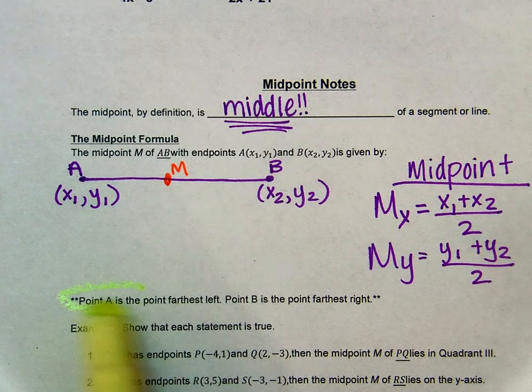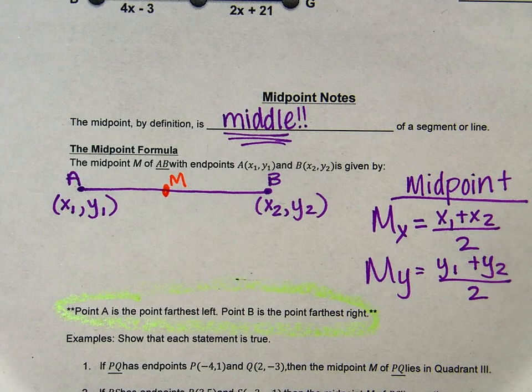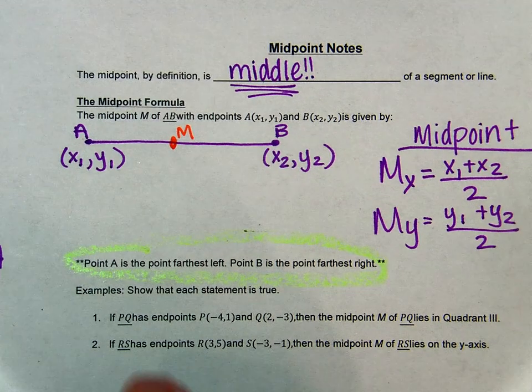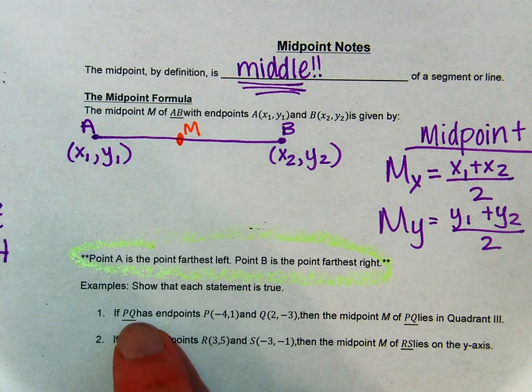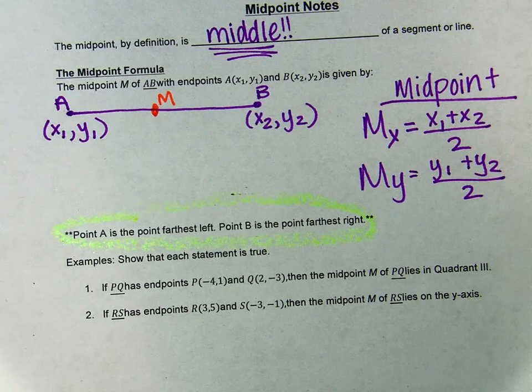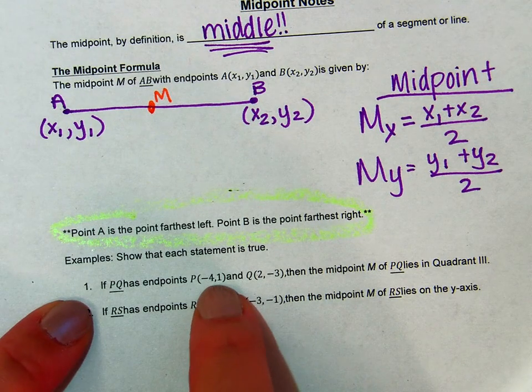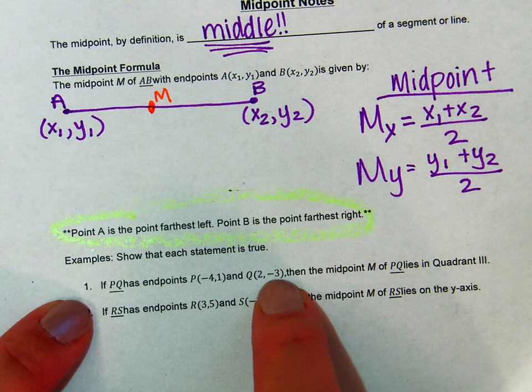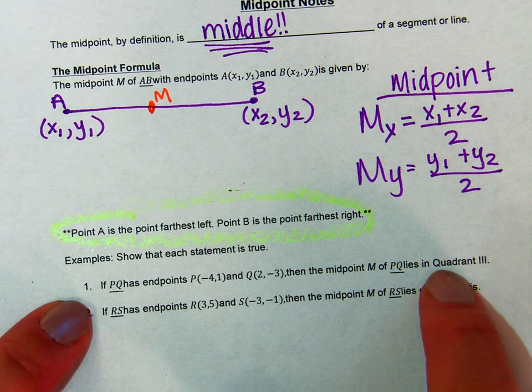So I thought I would help you out a little bit here. Point A is the point farthest left. Point B is the point farthest right. Unfortunately, these little lines in these examples are supposed to go on the top of those letters, so that kind of stinks. But let's go ahead and work these out. If PQ has endpoints P, which is -4, 1, and Q, which is 2, -3, then the midpoint M of PQ lies in quadrant 3.